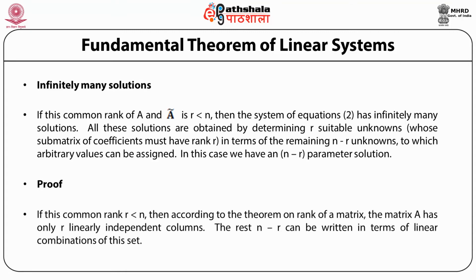If this common rank R is less than n, then according to the theorem on rank of a matrix, the matrix A has only R linearly independent columns. The rest n minus R can be written in terms of linear combinations of this set.